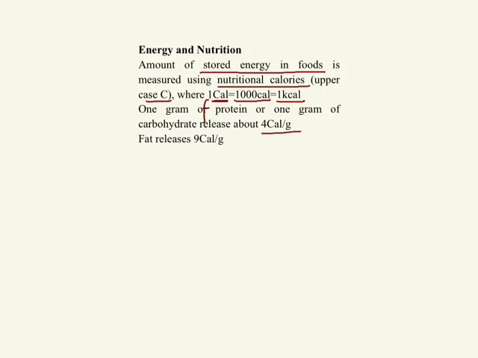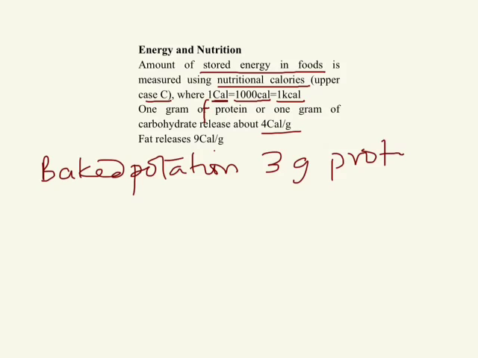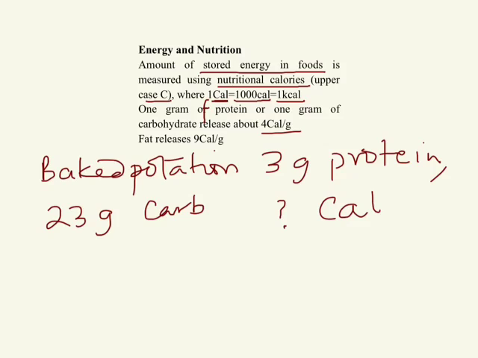So for example, let's say you eat a baked potato, and the baked potato contains 3 grams of protein, a trace of fat, and 23 grams of carbohydrates. Now, estimate the number of calories.